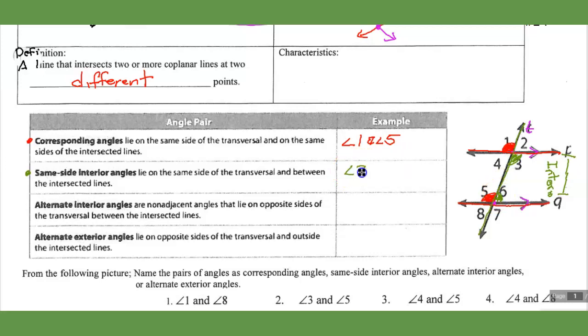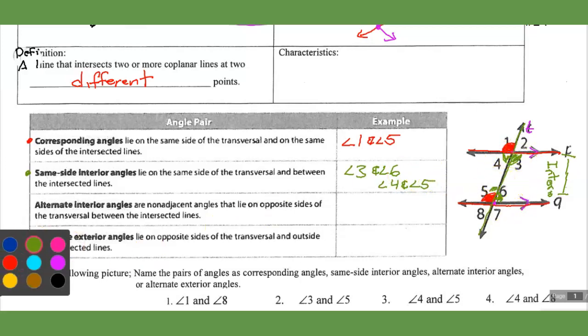So 3 and 6 are in the interior on the same side of the transversal. 4 and 5 would also be on the same side of the transversal and on the interior, or between the parallel lines.